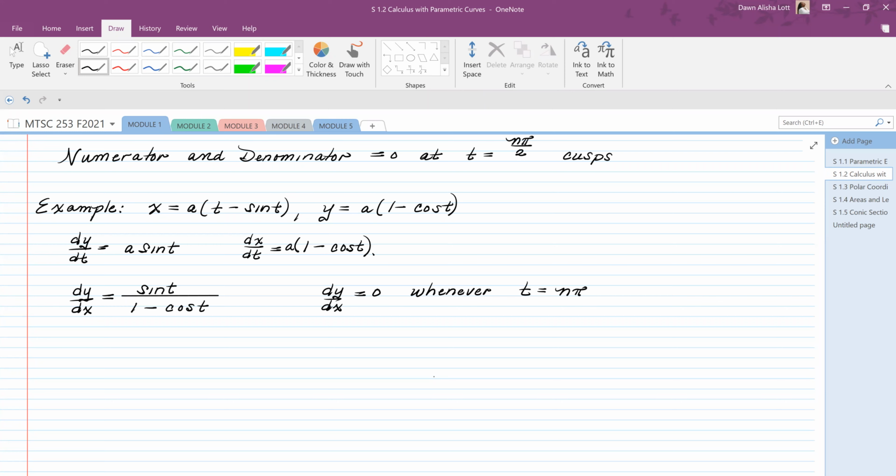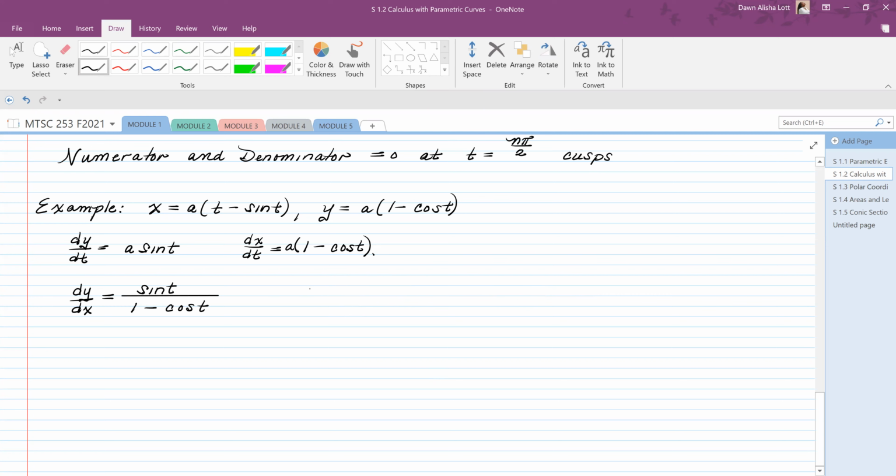But the problem is the denominator is also equal to 0 whenever n is even. Does everybody see that? I made that mistake. So that is not true, so let me erase this.